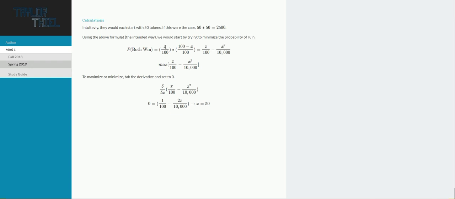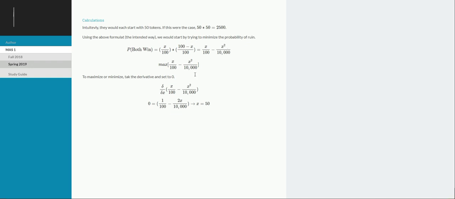So if one person started with 10 coins, the other is going to start with 100 minus 10, or 90 coins. This product is the probability of them both winning, and that works out to x over 100 times 100 divided by 100, which is just x over 100, and then x over 100 times negative x over 100 is negative x squared over 10,000.